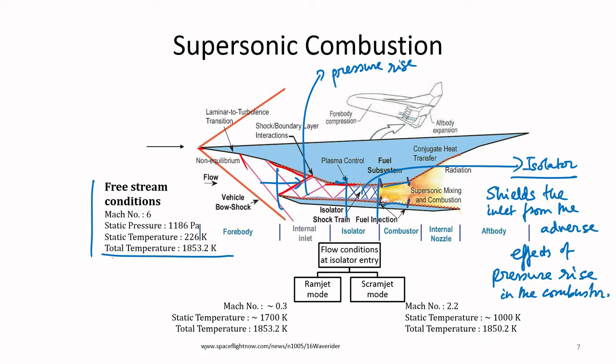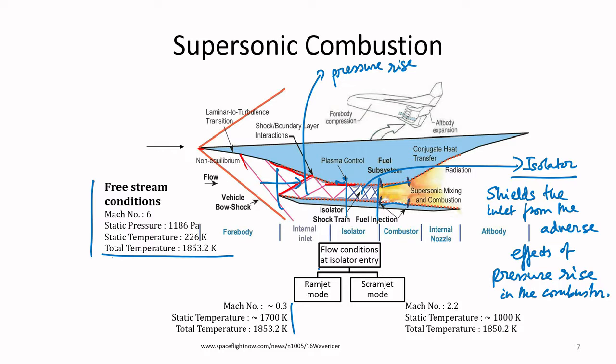And of course the total temperature can remain fixed throughout the engine, but the total pressure should reduce because of entropy rise due to friction, shock waves, etc. So by the time it enters into the isolator, if we consider even the isolator to be part of the combustor, in a ramjet mode the Mach number should be small.